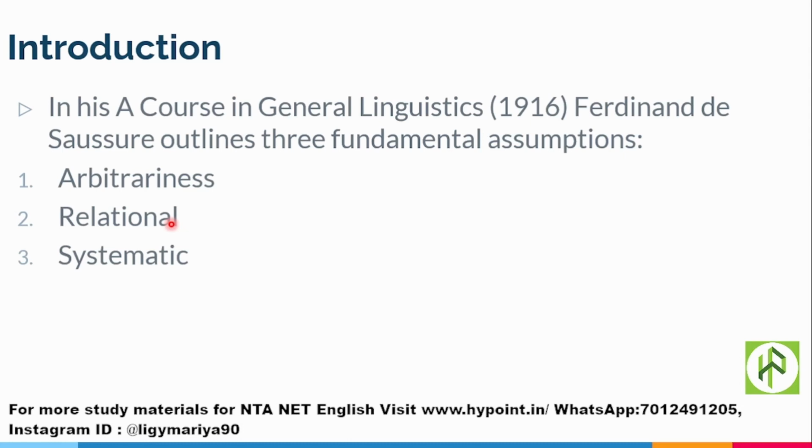Can you imagine a name for an alien? Can you imagine a word for an alien? We have a word known as alien, but alien does not exist in your culture or in your reality.